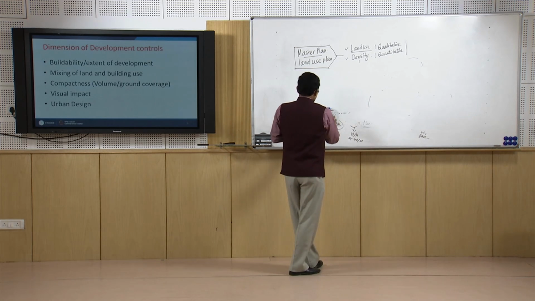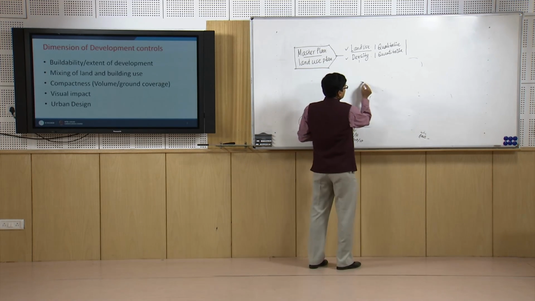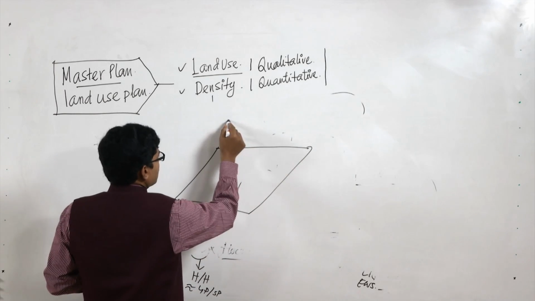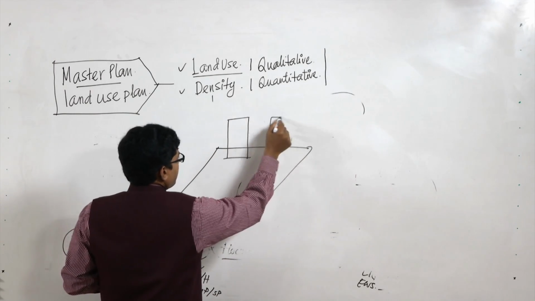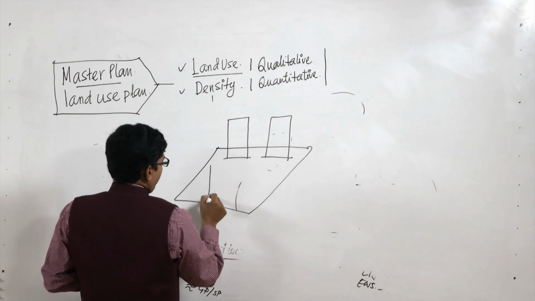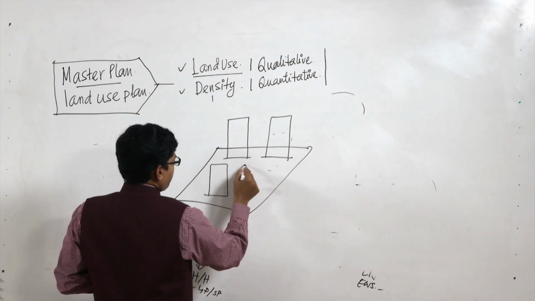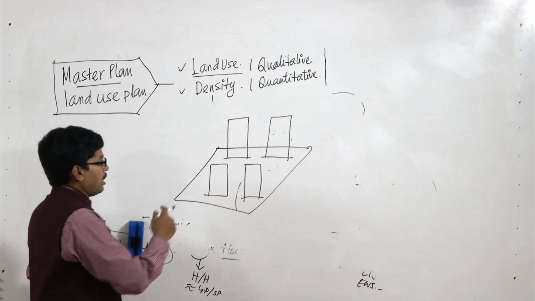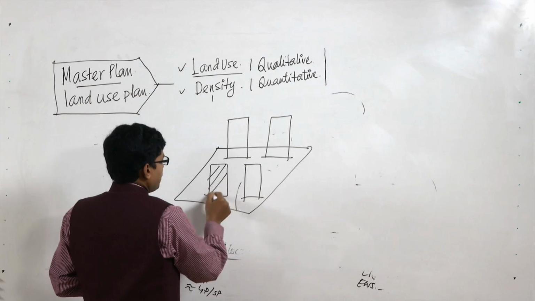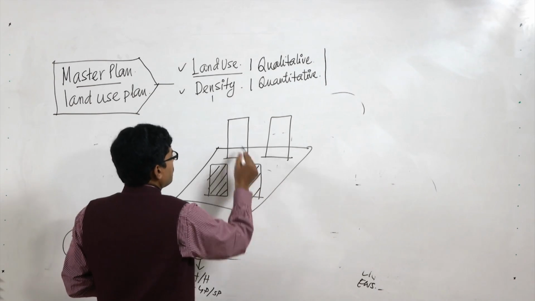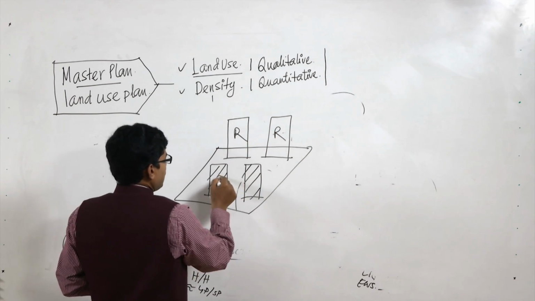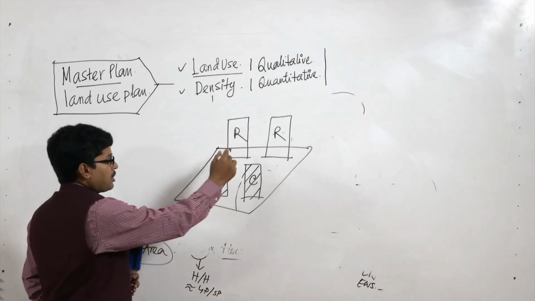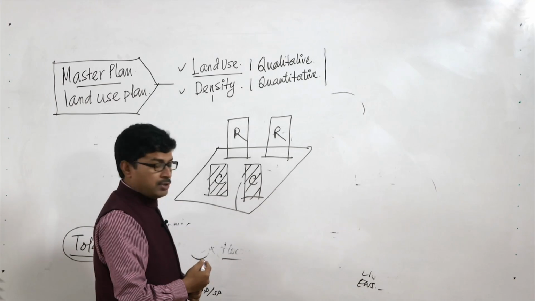For example, if this is the site and there are 4 buildings, there could be a mixing where, out of 4 buildings, some have a different use. Like this could be residential, this could be commercial, this could be commercial. So within the campus, within the plot, we can mix 2 different kinds of use.